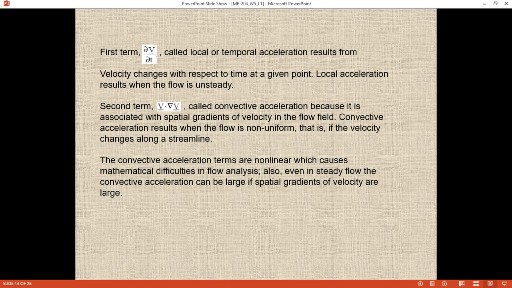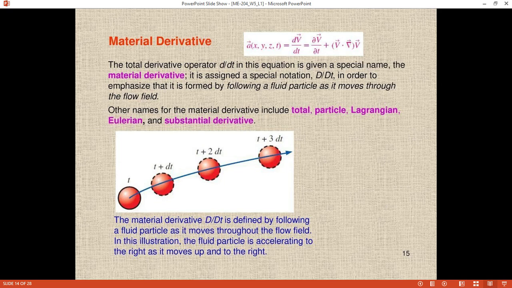That means the space coordinates x, y, z are changing. If they are changing, definitely the line will not be straight, it will have a different shape. But if the flow is uniform and steady, the streamline will be a straight line. Okay, so let's move on to the material derivative.